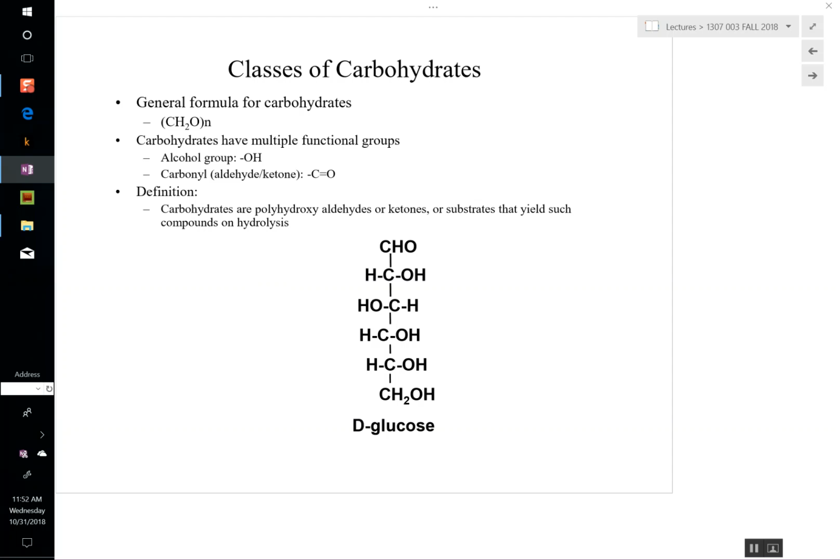The rest of them, the di and the poly, are made up of the mono. So if you start out with D-glucose, you're going to end up with glycogen. Glycogen is the polysaccharide of glucose, and it's going to be made up of all D-glucose.